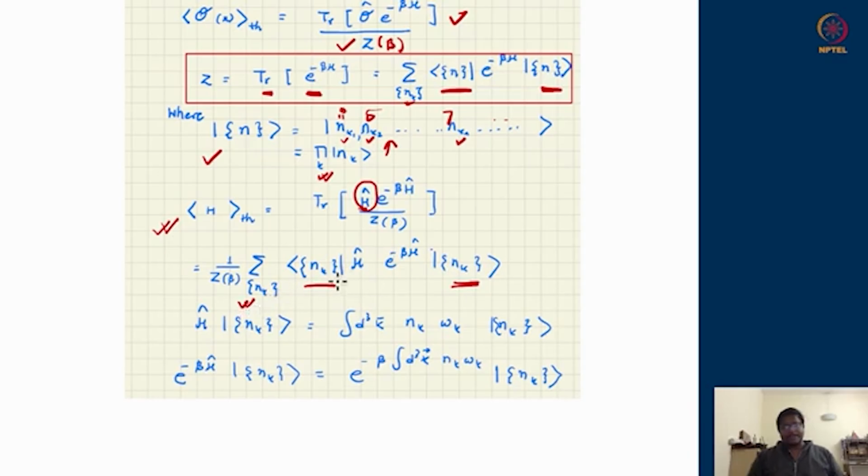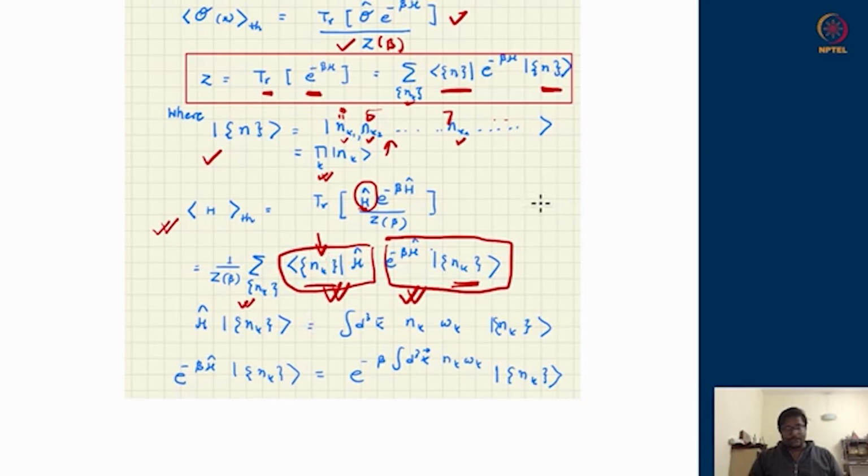Okay. So now let us see, there are two kinds of terms appearing. One term is over here and one term is over here. If I compute this object and I compute this object, then the overlap of these two things gives me the whole expectation of the Hamiltonian in this density matrix. So let's do it side by side. First I want to compute this object.